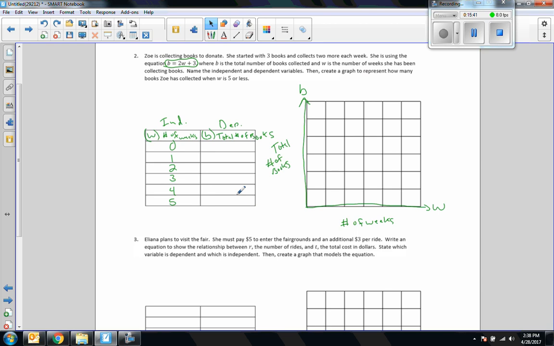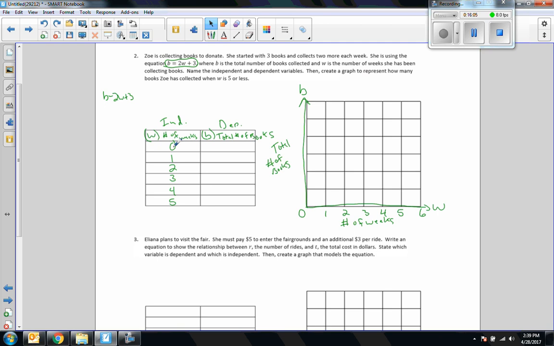Okay, so 5 or less, and then we want to label our diagram 0, 1, 2, 3, 4, 5. This would be 6, but we don't need it. And then now we have to do our calculations, which is B equals 2W plus 3.